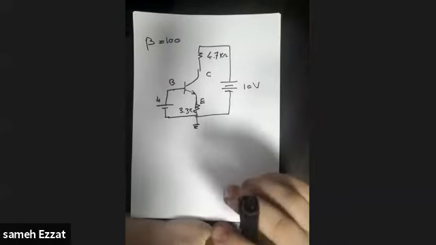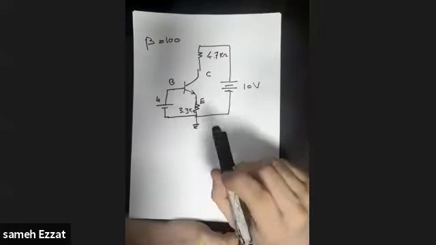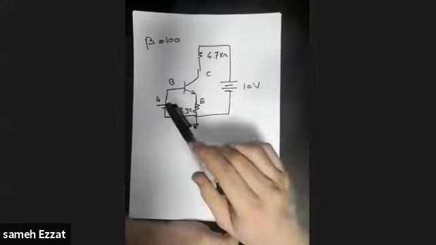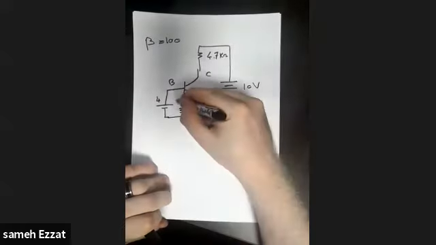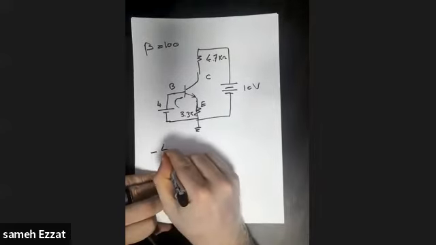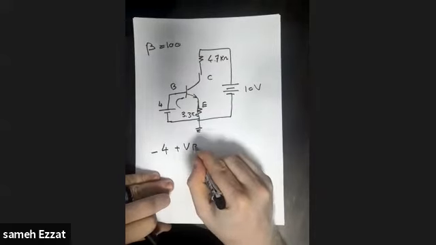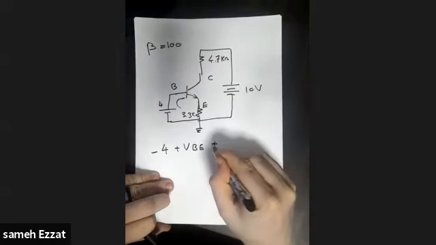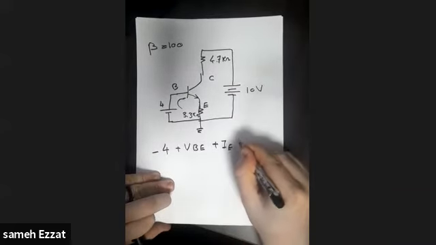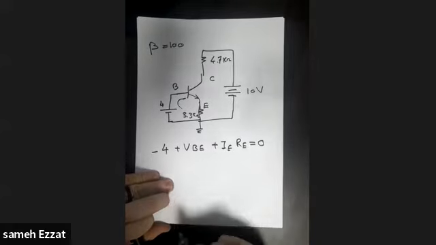The first step in solving any DC analysis BJT circuit is to start from the base. Here you can see that we have a loop. We can make a KVL in this loop, and we can say that -4 plus the voltage drop here, which is VBE, plus the current flowing in this resistance, which is IE times RE, is equal to 0.